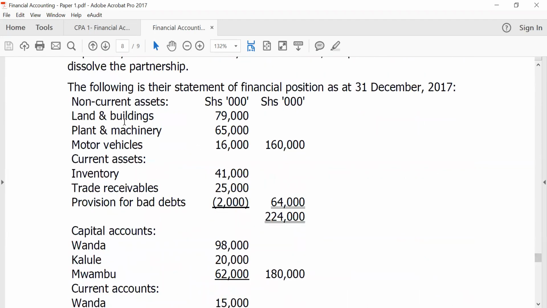Every time you are winding up, it means you have to write off your assets. So we usually write off our assets to the realization account. That is basically what we usually do when it comes to realization.